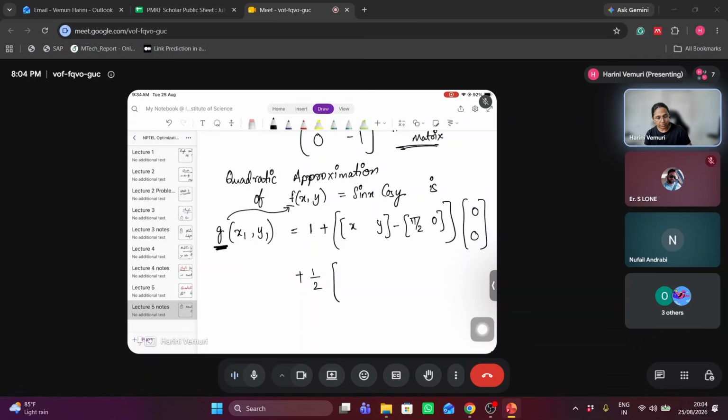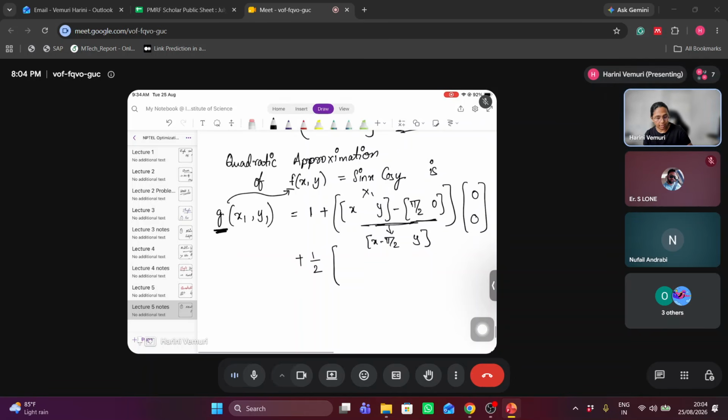This will be equal to x minus pi by 2, y minus 0. This is x1 and this is x naught. I just wrote it initially for the initial step like that.